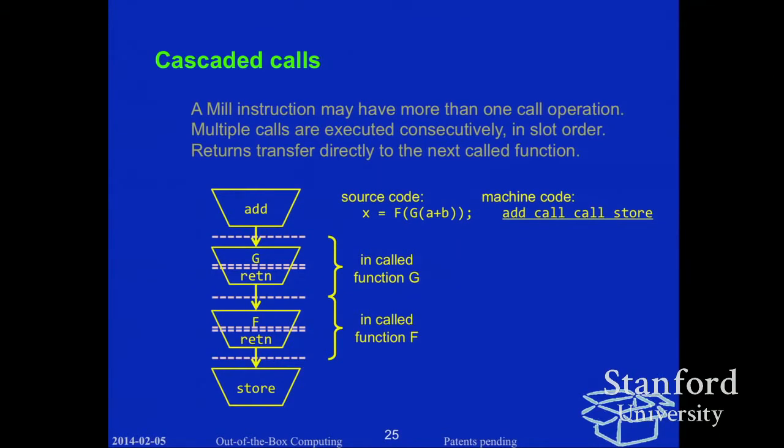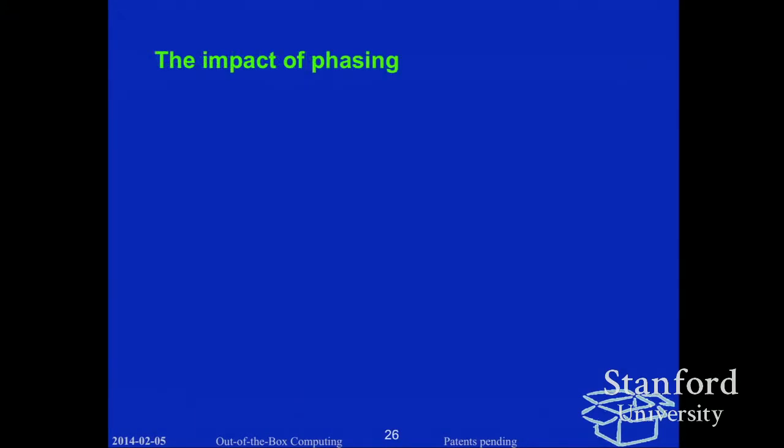Those of you who are familiar with the term will recognize that this is tail calls, and the Mill does tail calls in hardware for free. That is a direct transfer, assuming, again, you didn't have a mispredict, which you would not have in this case.